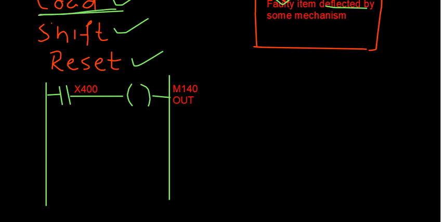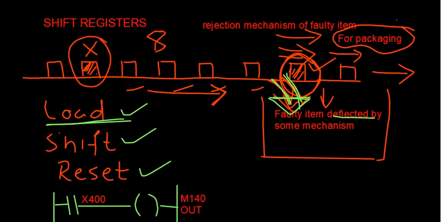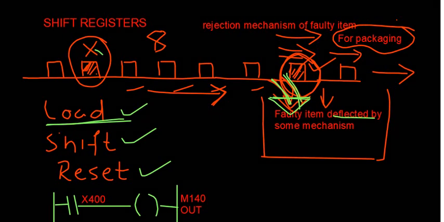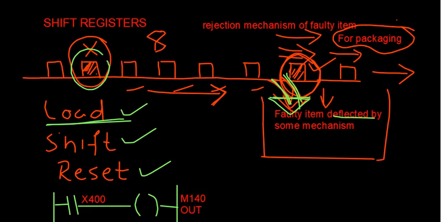So now when I say it like this, this is basically to indicate the faulty item, right? So whenever you have this, your shift register, after having identified the faulty item, will be loaded with 1.